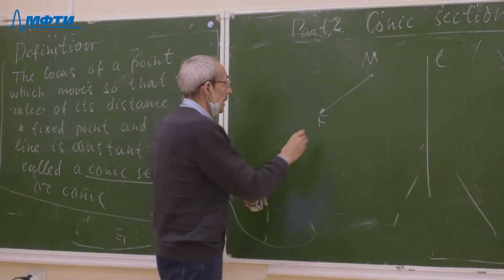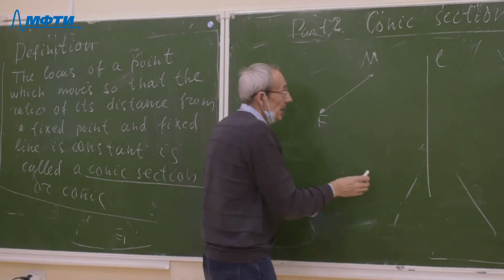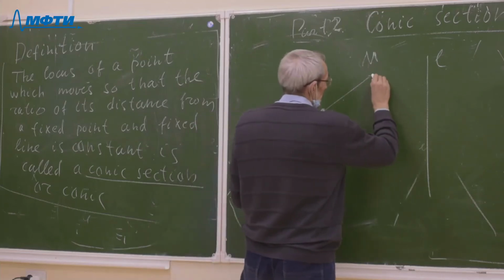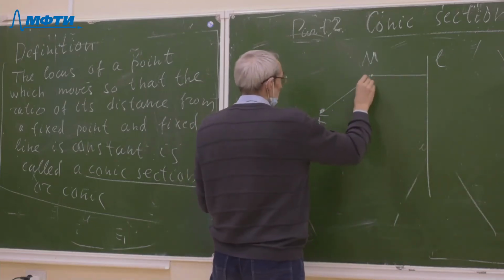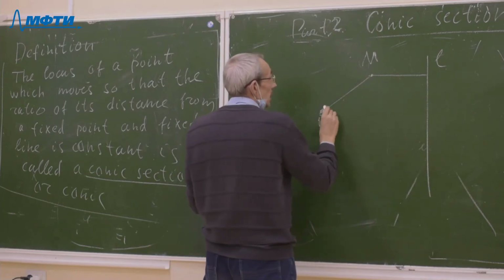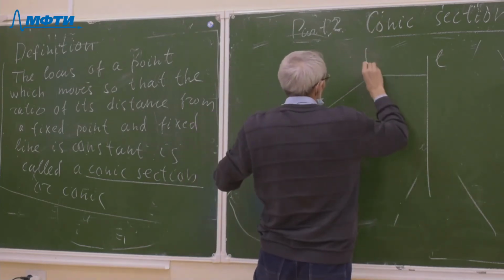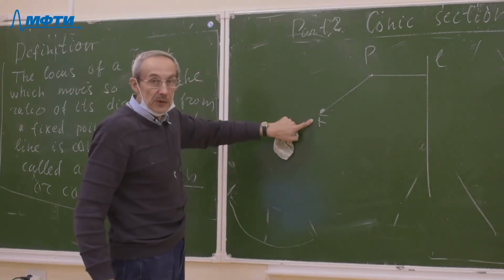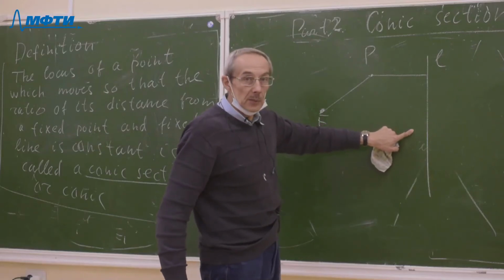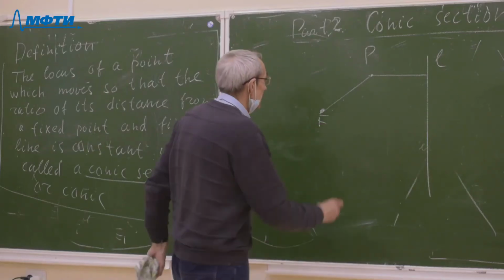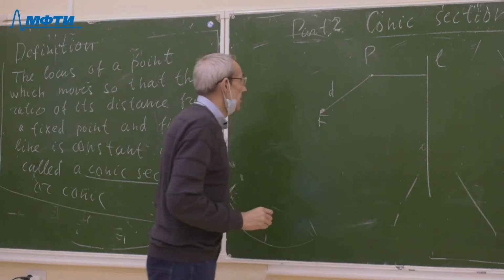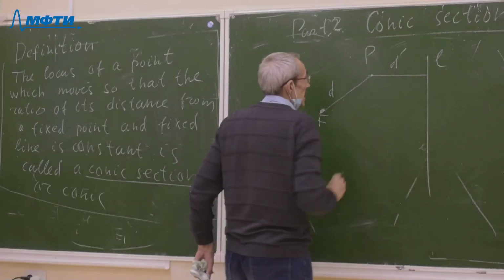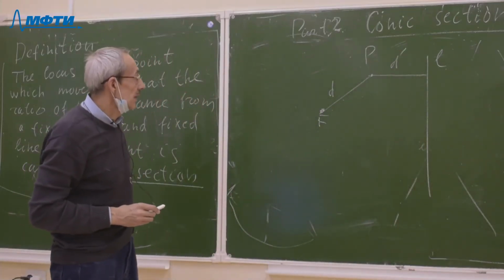Let's denote the fixed point by F and the fixed straight line by A. Let P be the moving point, F the fixed point, and A the fixed straight line. Let D be the distance between P and F, and D prime be the distance between P and the straight line.